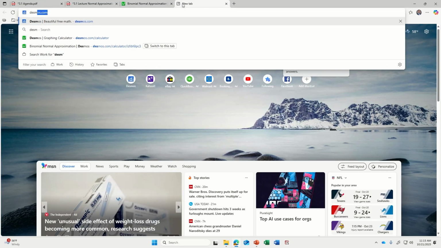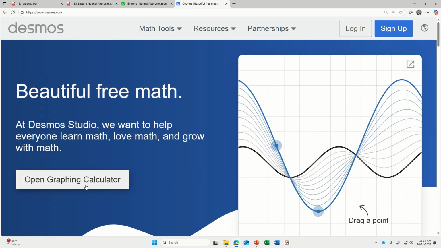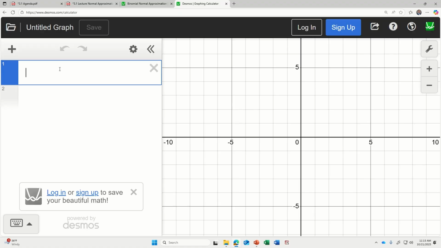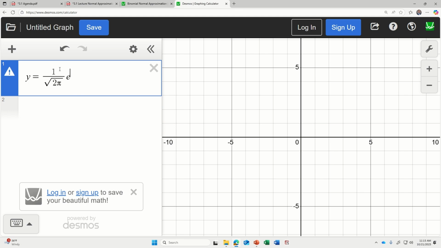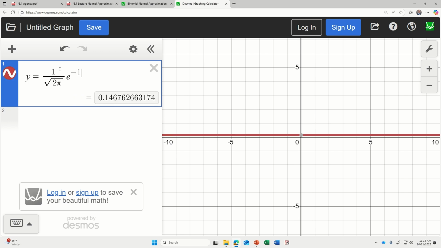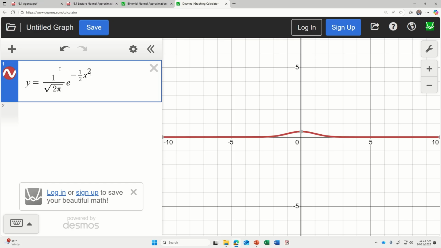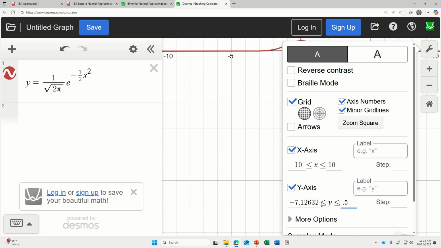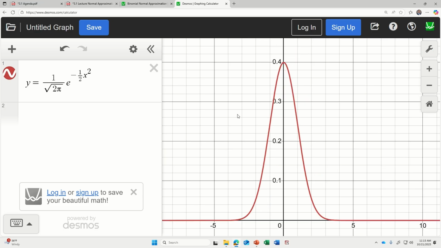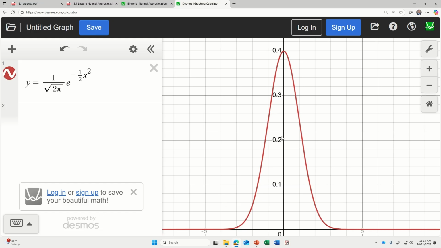You know, the standard normal distribution probability density function has this formula, which you don't need to know, but that's how I can get my standard normal distribution.